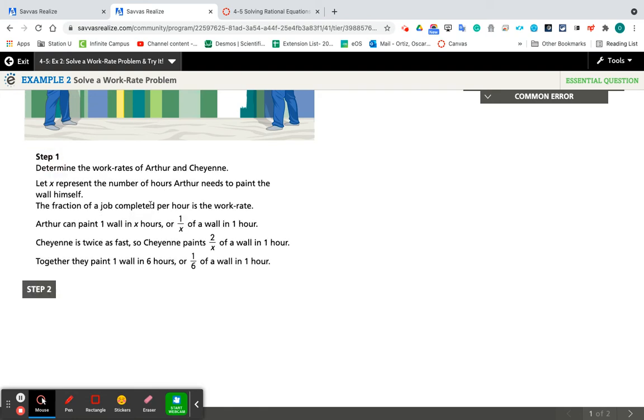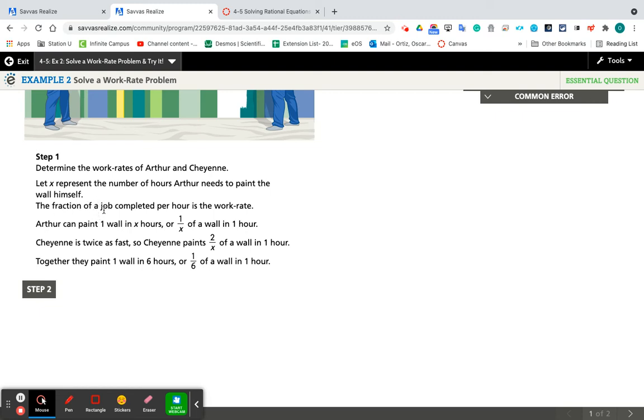In general. So what we need to do is, first of all, see if we can determine the work rates of Arthur and Cheyenne. If x represents the number of hours that Arthur needs to paint the wall himself, the key is that it will be a fraction.